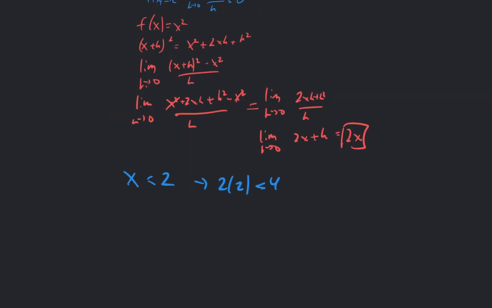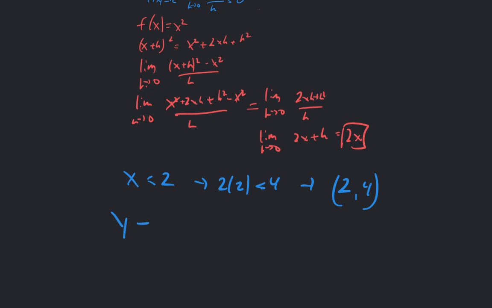We can now find the line through the point 2, 4, because we have y equal to x squared, and we say x is equal to 2, so y must equal 4.